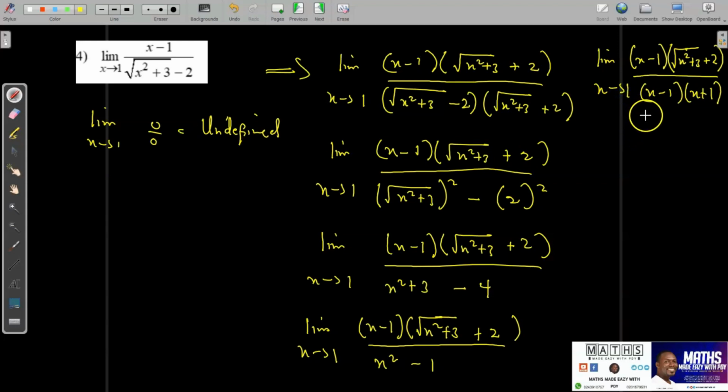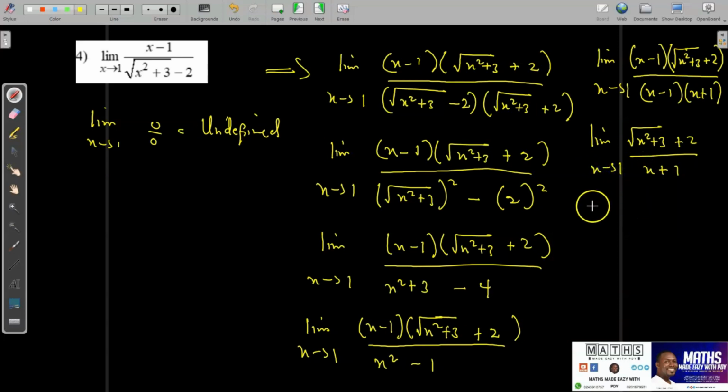At this point, the x minus 1 at the denominator goes into the x minus 1 at the numerator. Therefore, they cancel out and we are left with the limit of (the square root of (x squared plus 3) plus 2) all over (x plus 1) as x approaches 1.